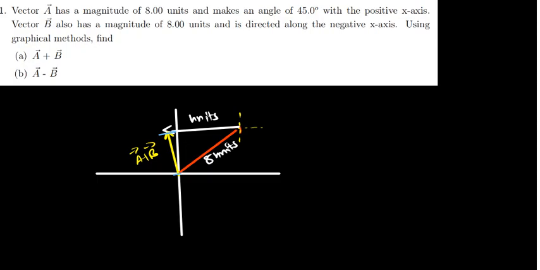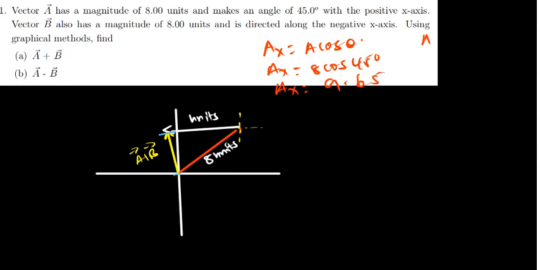By using the numerical method, we are supposed to resolve vectors A and B into x and y components. So we start with A. Ax is going to be equal to A cos theta. Then our Ax is equal to 8 cos 45 degrees. Someone please calculate for us what is 8 cos 45 degrees. 5.65.